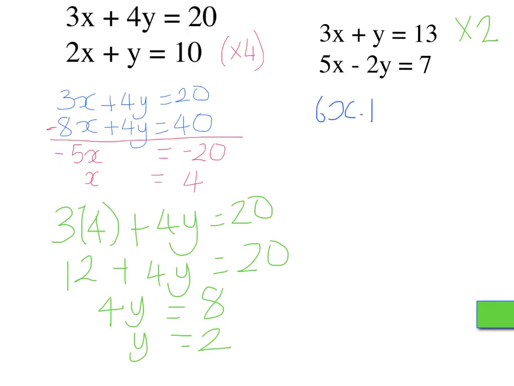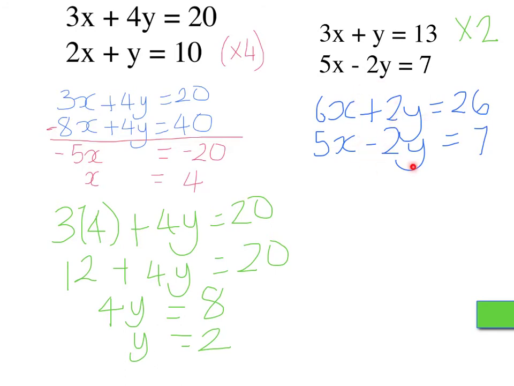6x plus 2y equals 26, 5x minus 2y equals 7. Because these are different, I have a plus and a minus.